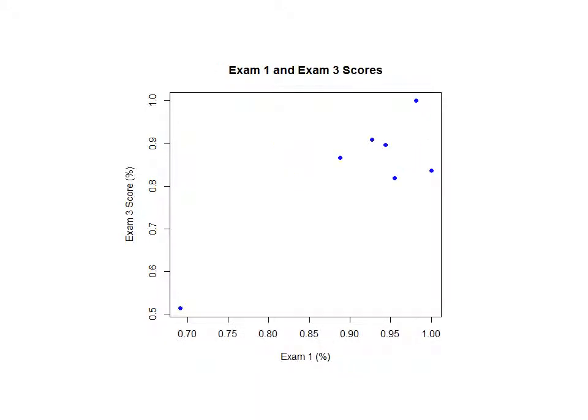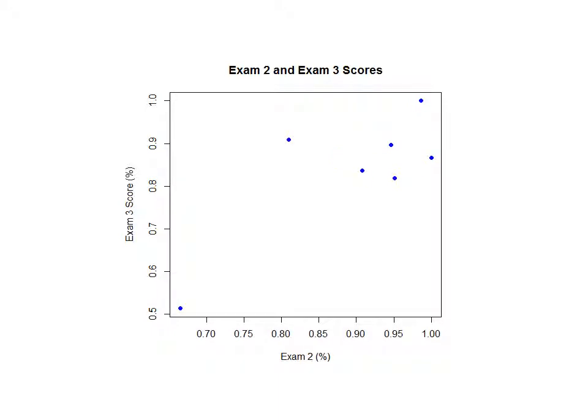Now, how well do previous exams predict performance on Exam 3? So here's Exam 1 now on the horizontal axis and Exam 3 on the vertical axis. Again, we see a fairly decent linear relationship moving from the lower left to the upper right. We could do the same thing with Exam 2, which is here.